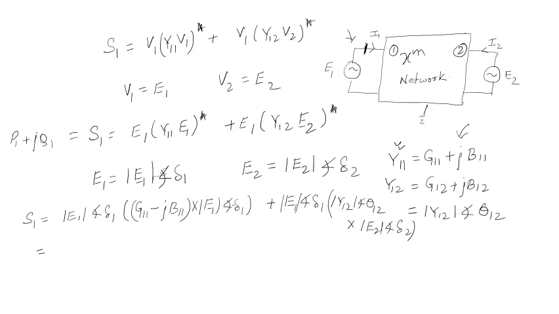So the conjugate changes delta 2, and here also theta 12, and the sign changes. Now what happens if you multiply E1 inside: delta 1 plus minus delta 1, so that gets cancelled, right? So it will be easier to form. Here it does not happen, delta 1 minus delta 2 remains, so it is easier to form here.